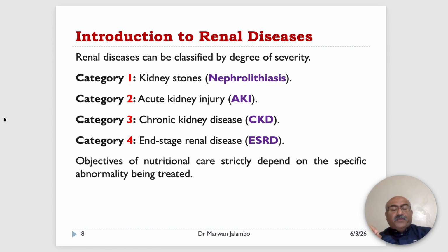We start with the kidney stone, or nephrolithiasis, then progress to acute kidney injury in category 2, chronic kidney disease in category 3, and ultimately end stage renal disease in category 4.